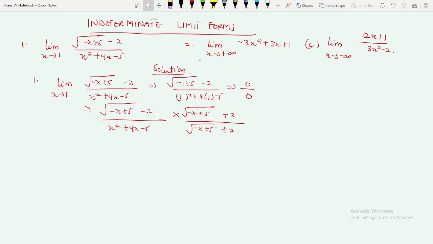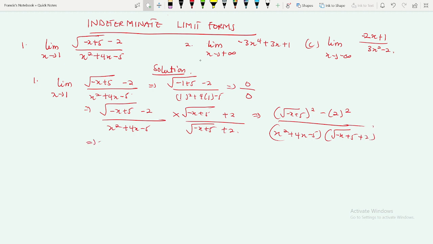So let me multiply the top. We realize that this is a difference of two squares. So this is going to give me my numerator: square root of negative x plus 5 all squared minus 2 all squared, difference of two squares for the numerator. But for the denominator, I'm going to have x squared plus 4x minus 5 multiplying the expression square root of negative x plus 5 plus 2, right?